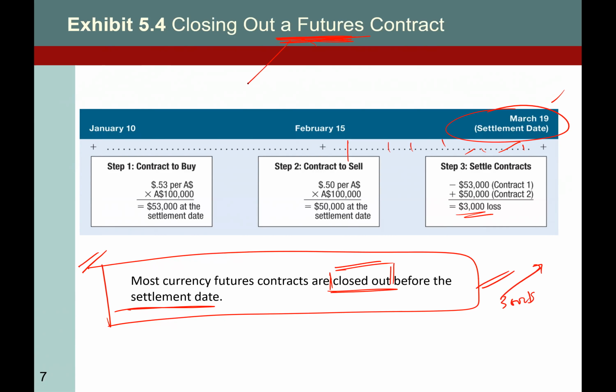And you have to open a margin account with the CME if you are in America, which is the Chicago Mercantile Exchange. So automatically it's going to be transferred to his account. If you are in a forward, you can write out a check and submit it. If both parties are okay, you can just send it electronically, transfer funds, that's okay as well.